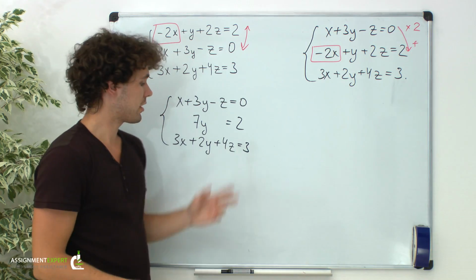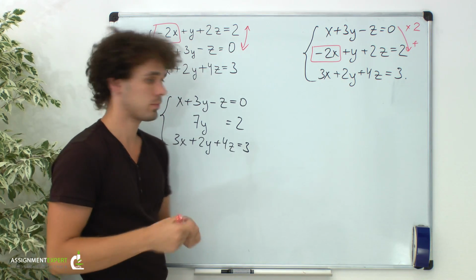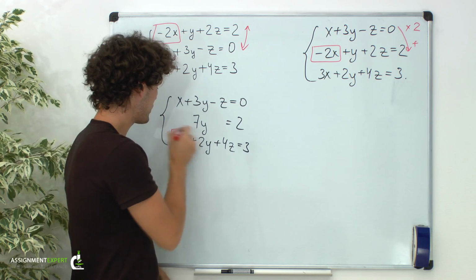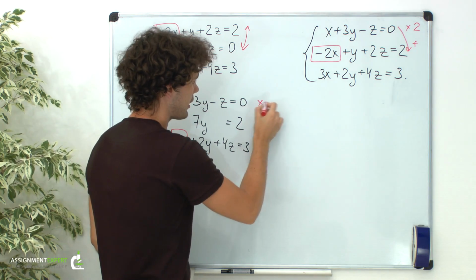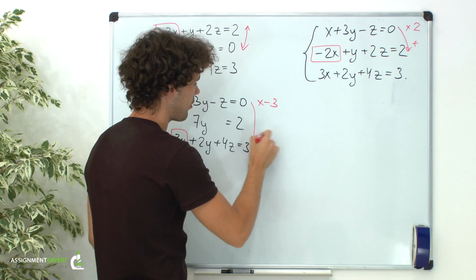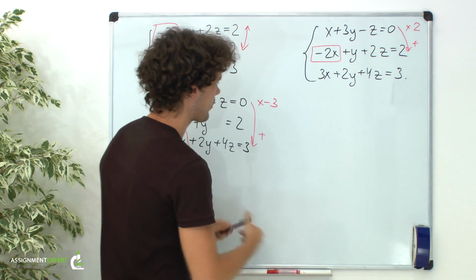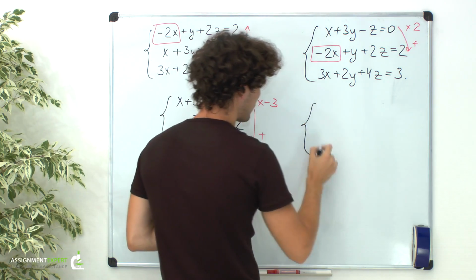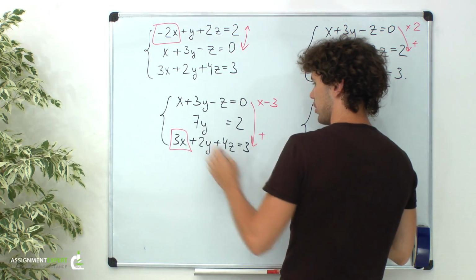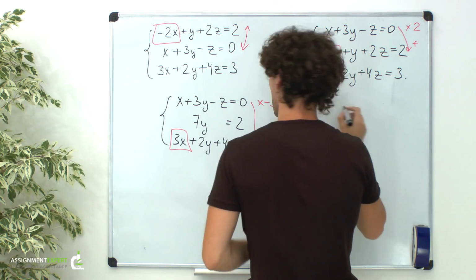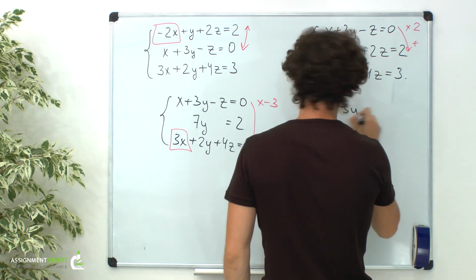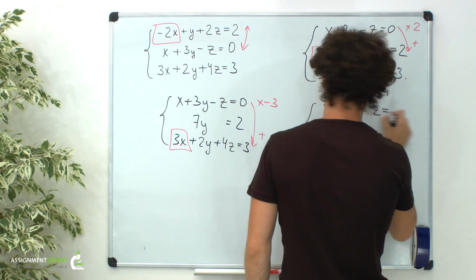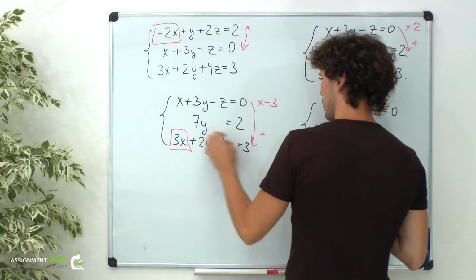Now let's perform the same operation for the third equation. To remove x from it, let's multiply the first equation by negative 3 and add it to the third. The first two equations remain the same: x plus 3y minus z equals 0 and 7y equals 2.